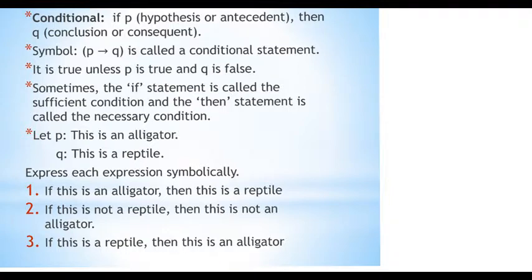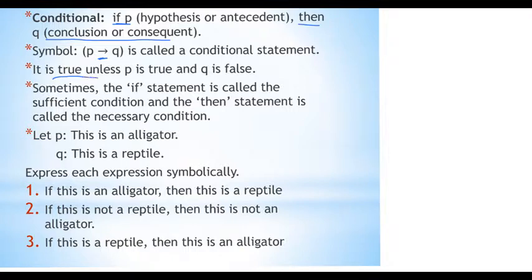Okay, so here our next connector is a conditional statement, and this is our if P, then Q. So P is the hypothesis or the antecedent, and Q is the conclusion or the consequent. The symbol that we use is an arrow, and it's going to be pointing to the right. And this one I think is the hardest on a truth table.